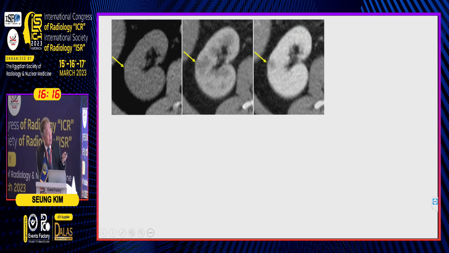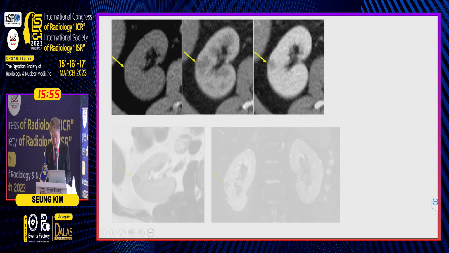Sometimes the mass looks like here, but the margin is not very clear. In these patients, maybe we can get help from other imaging. Nowadays, if we have a mass like this one, we may ask for MRI.